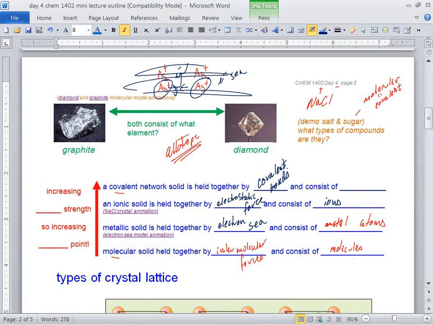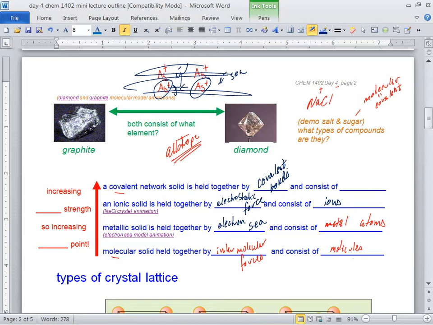Okay. Do metals form covalent bonds? No. Metals form, I don't know, metallic bonds or electron sea bonds, right? So the only thing that you're going to have covalent solids are what can form covalent bonds. What can share electrons? Not the metals, but the nonmetals.